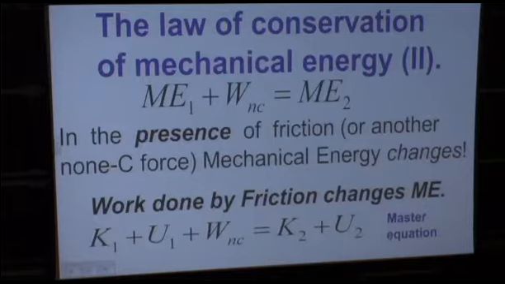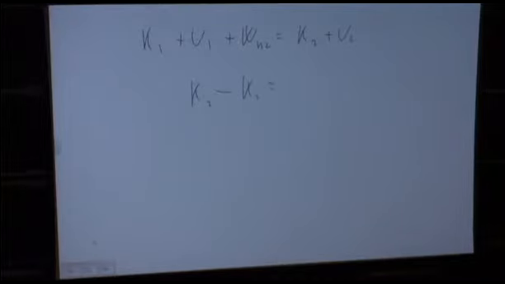We can rewrite this equation. Kinetic initial plus potential initial plus the work done by non-conservative forces equals kinetic final plus potential final. But if we write this difference, final kinetic minus initial kinetic, what does it give us? This difference plus this is the work done by all conservative forces.